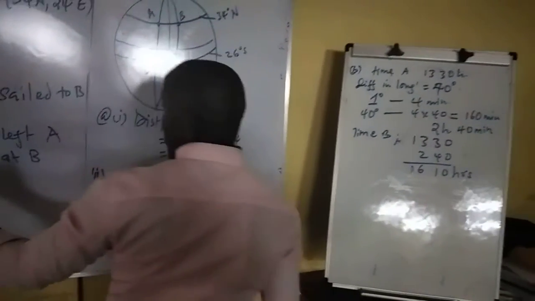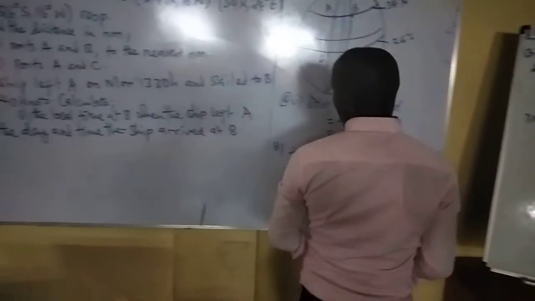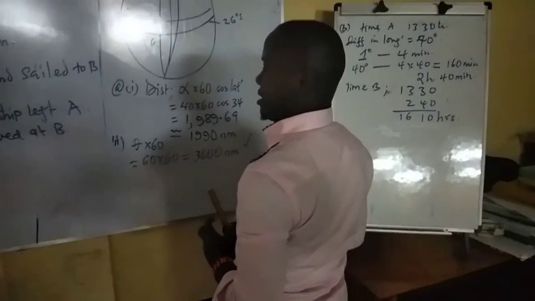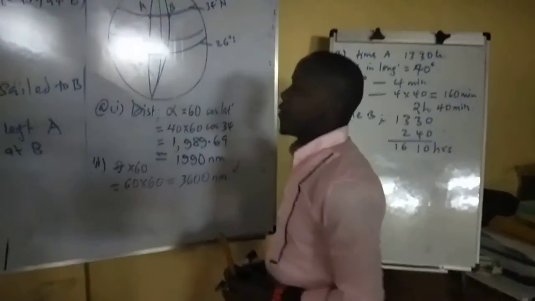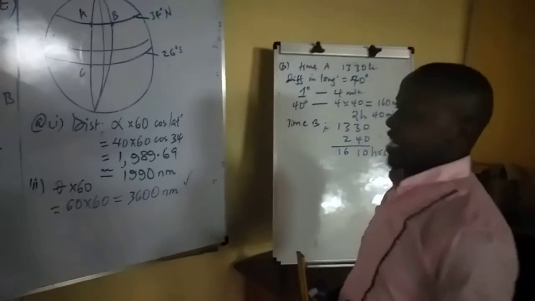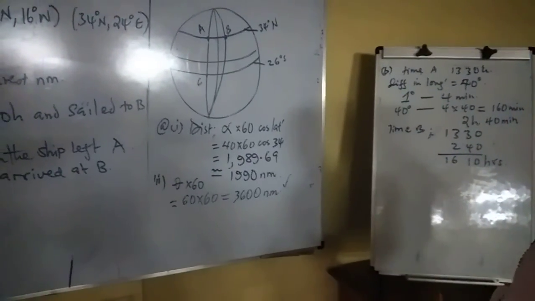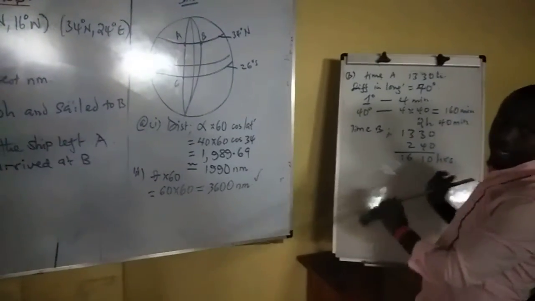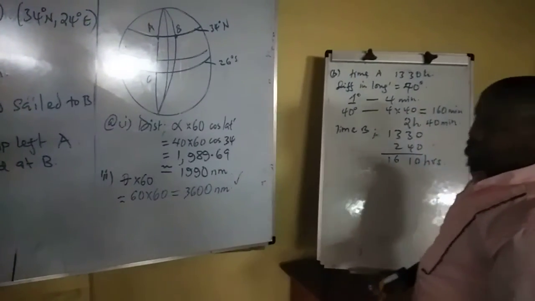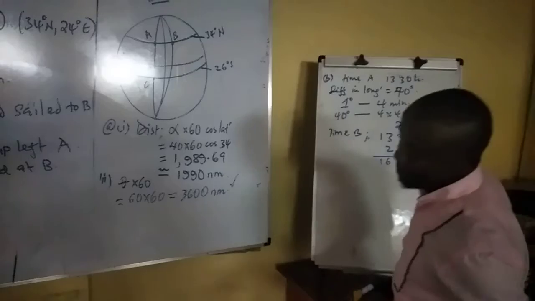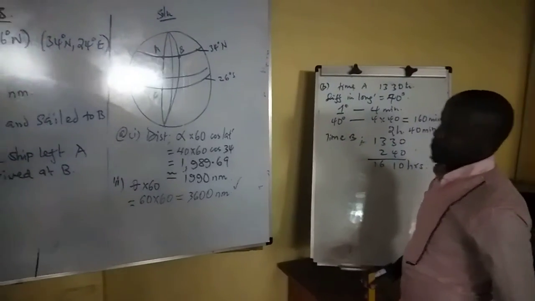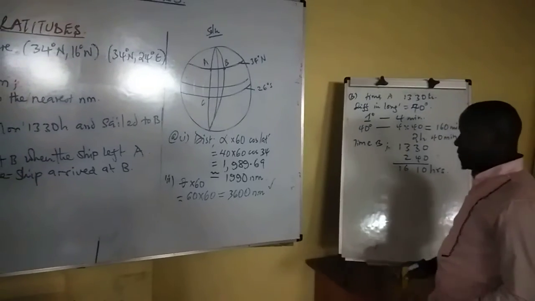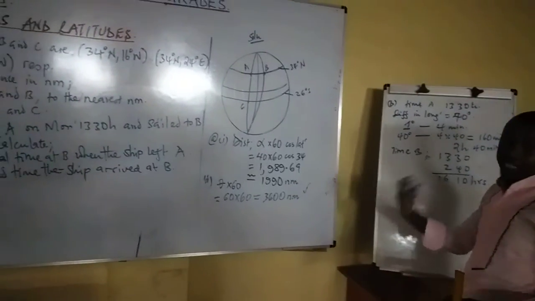Now, lastly, we are told to find the day and the time when the ship arrived at B. It is good to note that we are already given the distance between A and B. We have already calculated it in part A as 1990 nautical miles, and we have been told by the examiner that this ship is sailing at a speed of 40 knots, meaning we can get the time it will take.